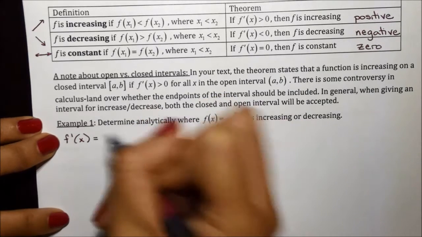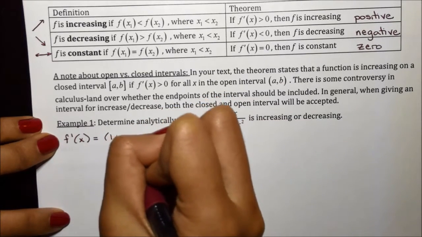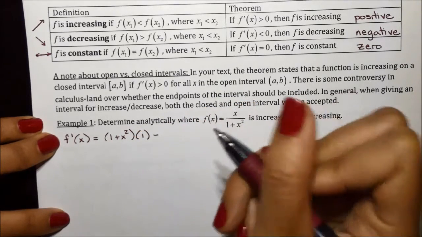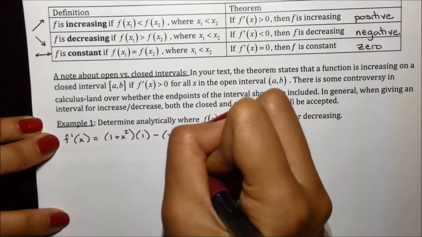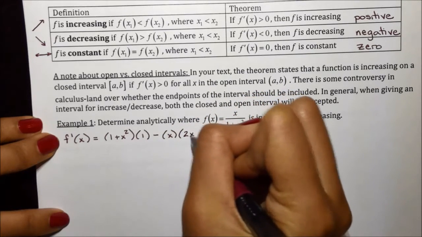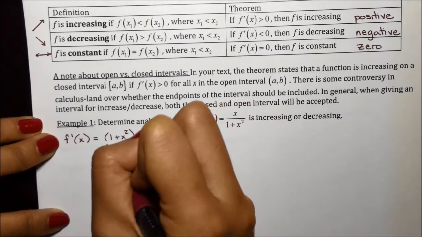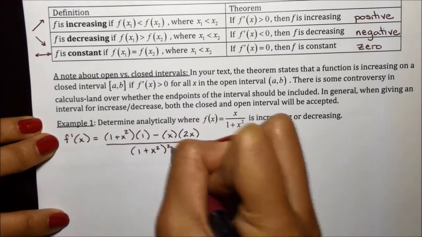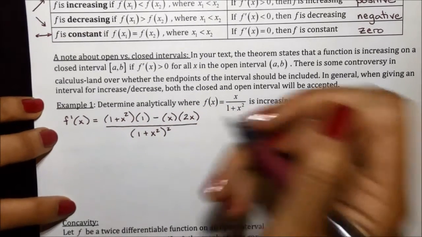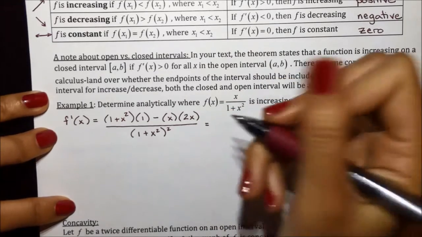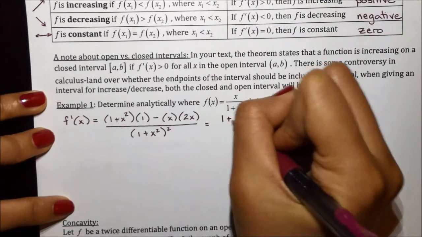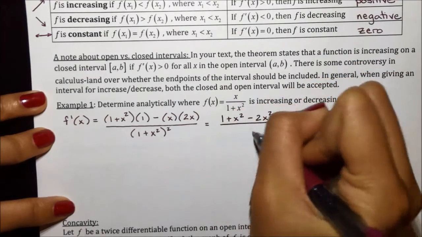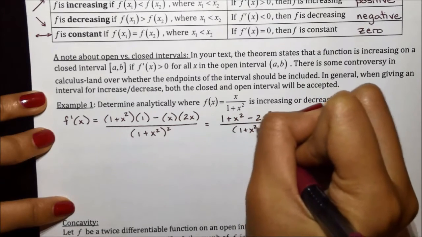equals quotient rule, 1 plus x squared times 1 minus x times 2x, all over 1 plus x squared squared. Okay, that simplifies to 1 plus x squared minus 2x squared all over 1 plus x squared squared.